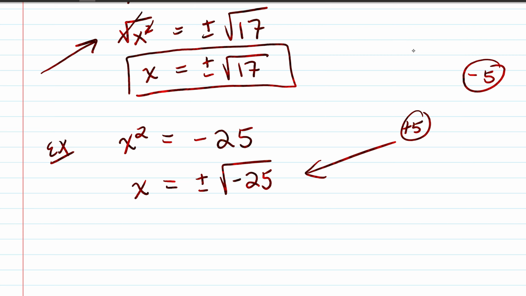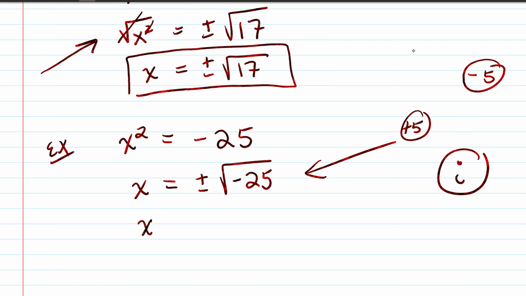Depending on the part of the course you're in your algebra course, your instructor may say, okay, this cannot be completed. It's not a real number. Or if you're further along, they'll introduce i for imaginary number, right? So we'll go with the second portion, and maybe your instructor has included that.